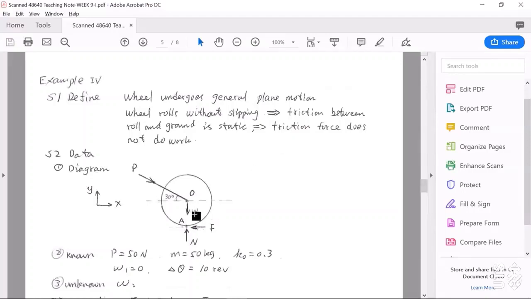The weight force W along this vertical direction has no displacement, so the work done by the weight force is 0. For N along this vertical direction, there is no displacement, so the work done by this reaction force N is 0. The work done by this friction force F is 0, as mentioned before, because this F is a static friction force.